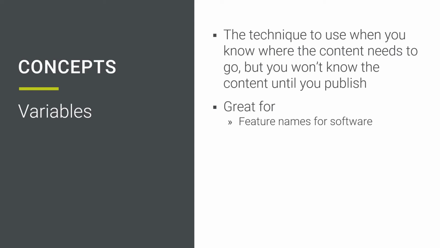So I could create a variable, feature X equals whatever the engineers are calling it internally. And now I can start documenting feature X. And then, 2 months from now, once marketing comes back and says, oh, it's going to be called super feature, great, feature X equals super feature. And I'm done.